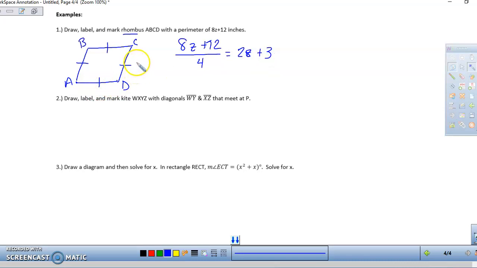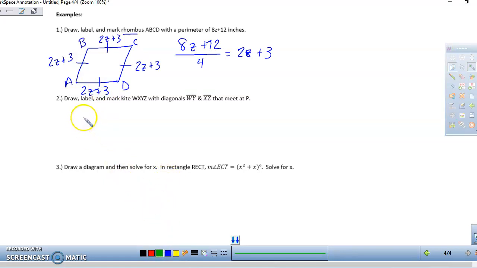So you would label all the way around 2z plus 3, 2z plus 3, 2z plus 3, and 2z plus 3. Technically, you could probably get away with labeling just one of them with the congruency marks. It would be assumed those are all 2z plus 3.